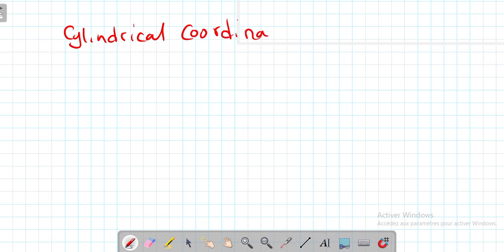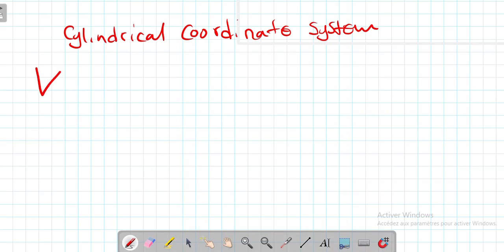Then nabla in the cylindrical coordinate system. Meaning the equation of the gradient depends on the coordinate system. Please watch the coordinate systems. You will learn more about coordinate systems in mechanics.